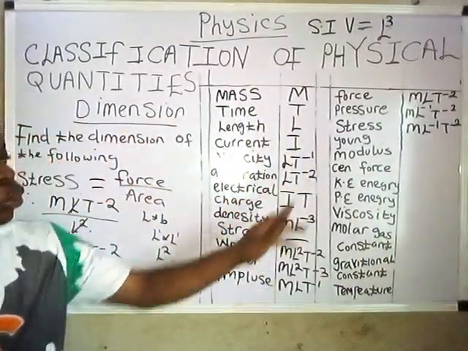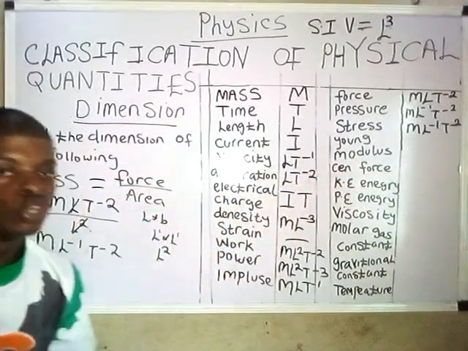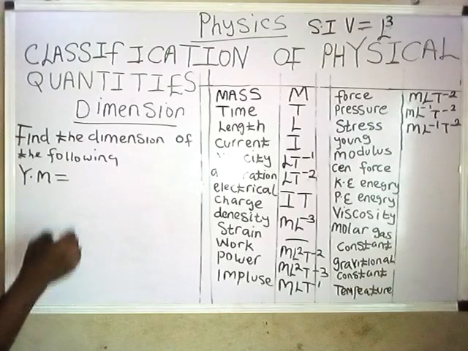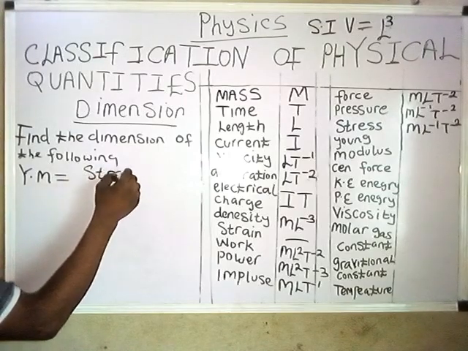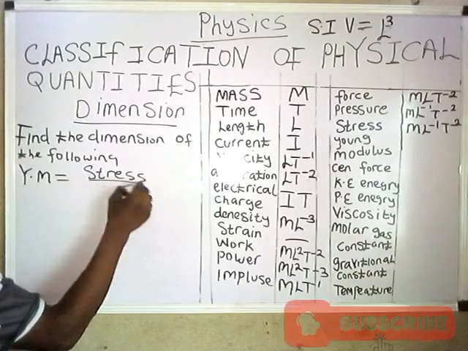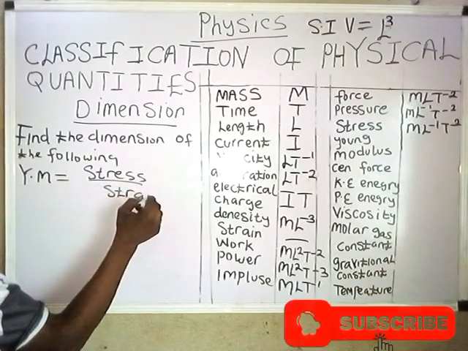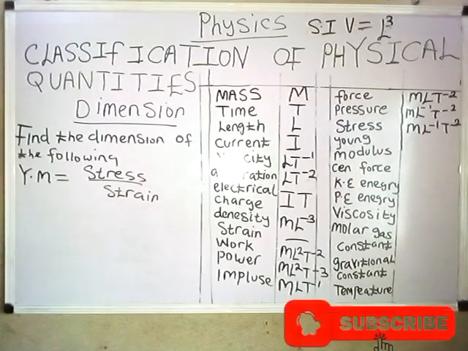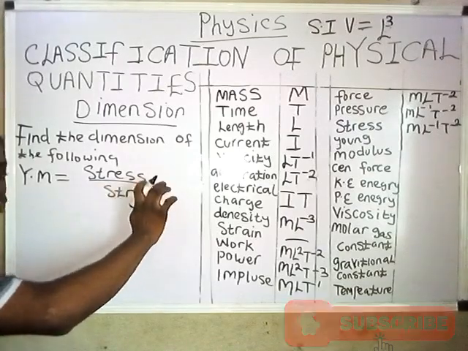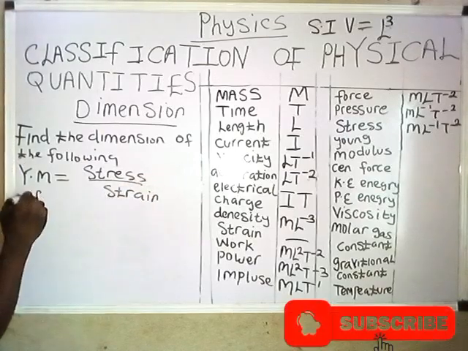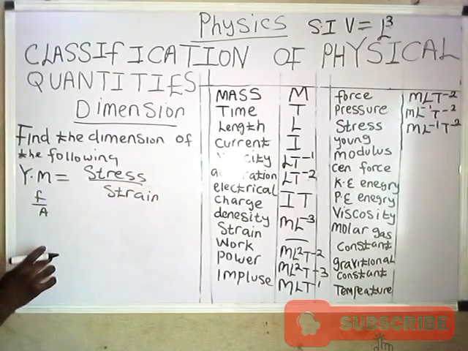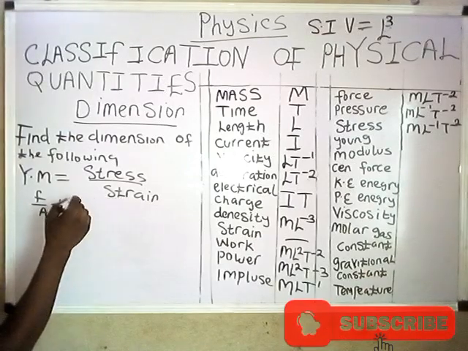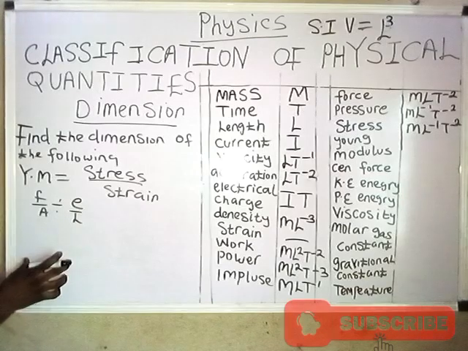So let's look at the dimension of Young modulus. The formula for Young modulus is stress over strain. That is the formula for Young modulus. So we can get the dimension. Breaking it further, the formula for stress is force over area divided by the formula for strain, which is extension over length.